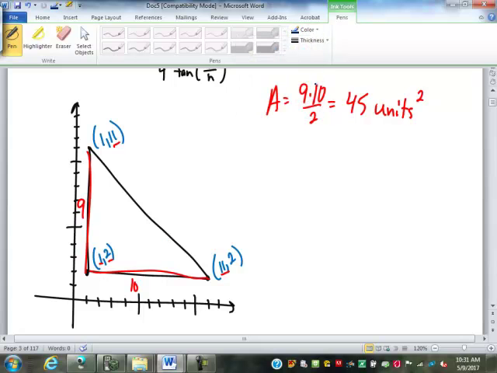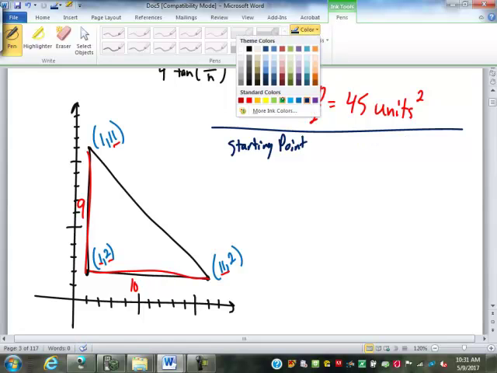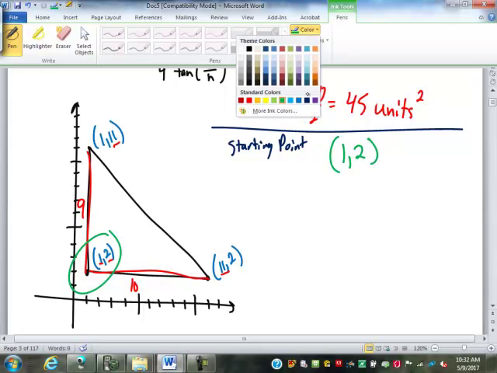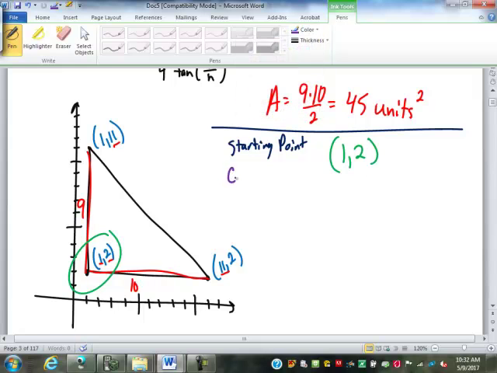But if I have a grid like this, I can pick a starting point. So my starting point I'm going to pick here, I'm going to pick the 1, 2. Then I'm going to go around counterclockwise.